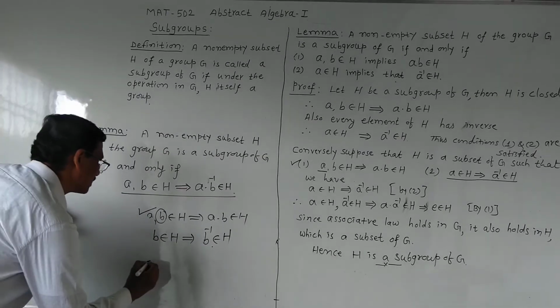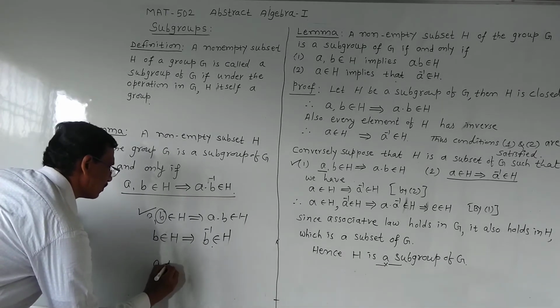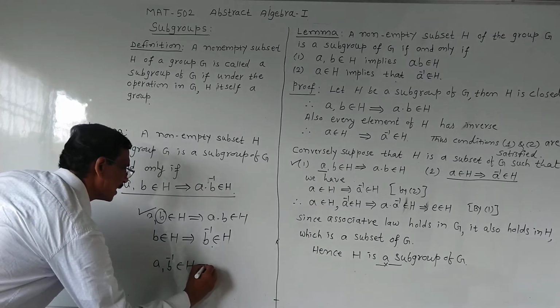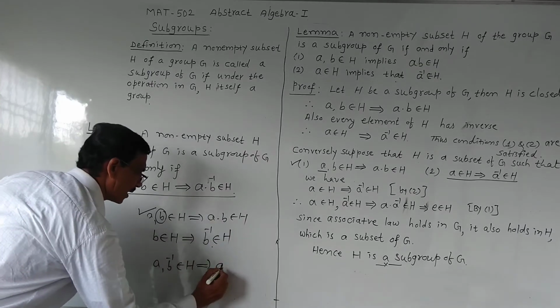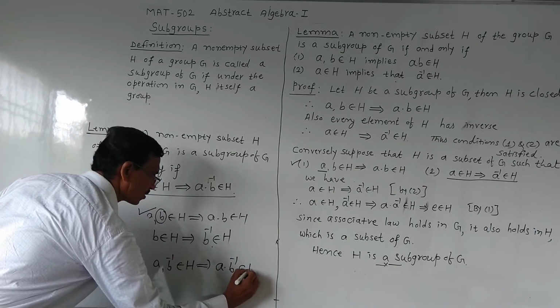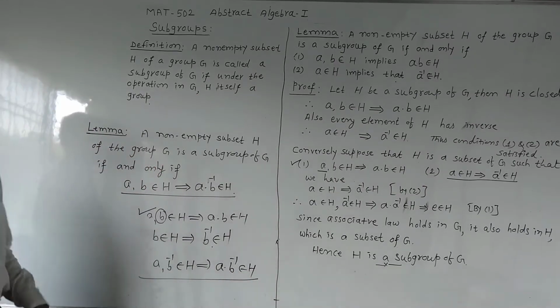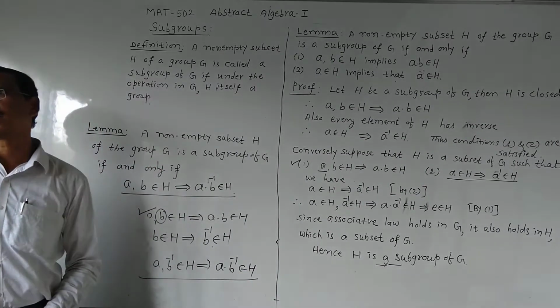That means A and B inverse belongs to H implies, by the closure property, A dot B inverse belongs to H. This is the proof.